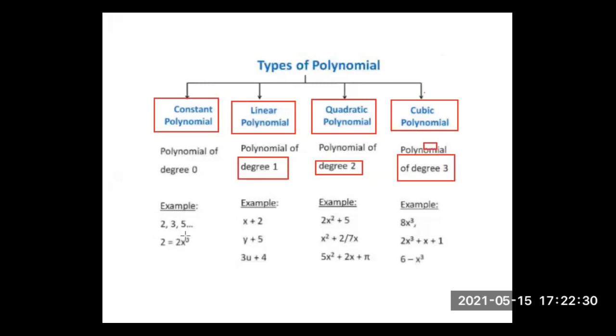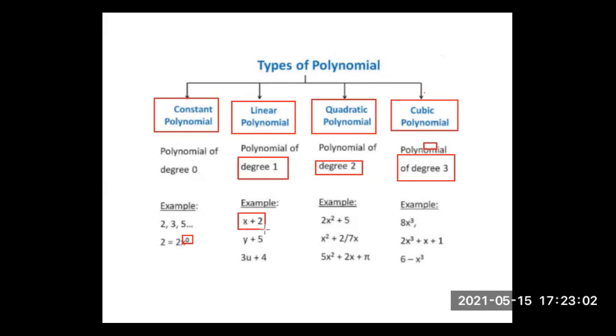Here you can see 2x to the power 0, that means this term's exponent is 0, so we can consider this one our constant polynomial. In the next expression you can see the degree is 1, that is x plus 2, that means x to the power 1. For y to the power 1, nothing means we can consider it as 1. 3u to the power 1 plus 4.